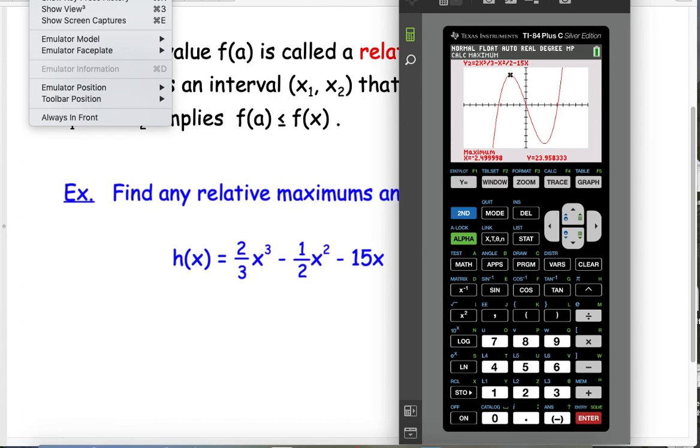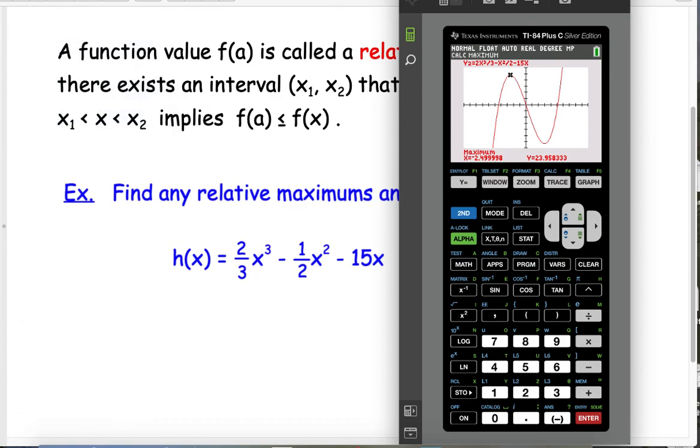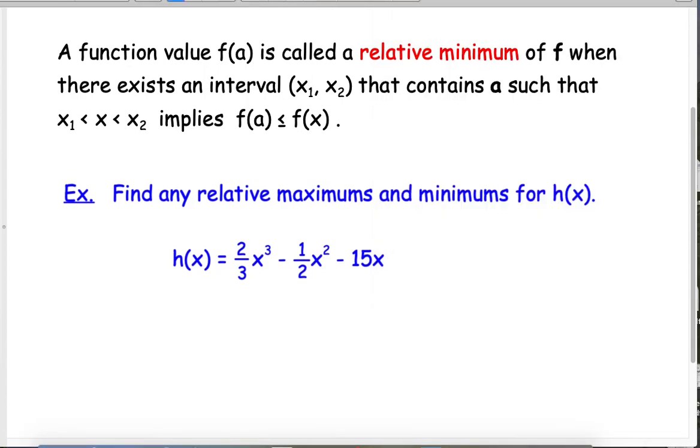Once again, I can't do the screen capture, so I'll leave that alone. So negative 2.5, 23.96. And that's a relative maximum.